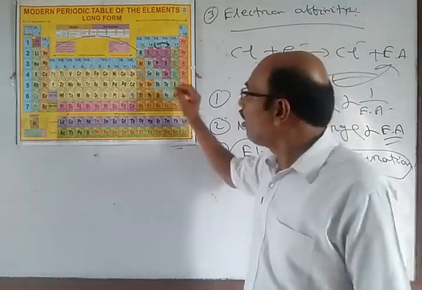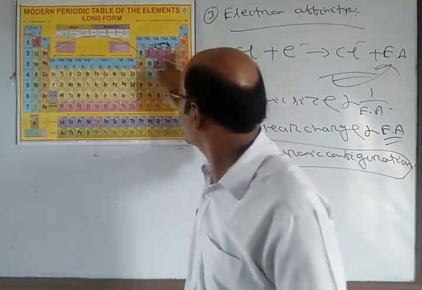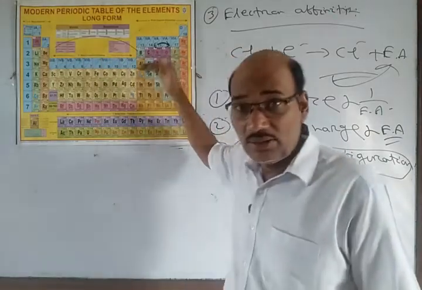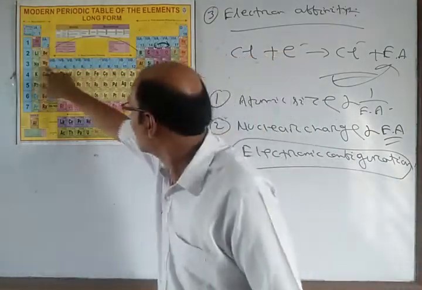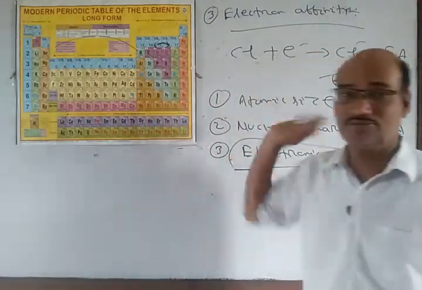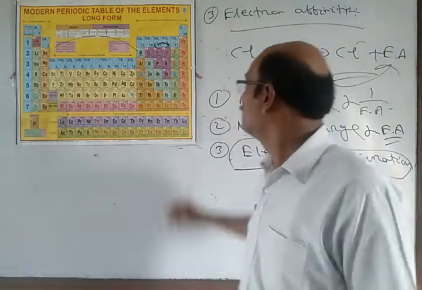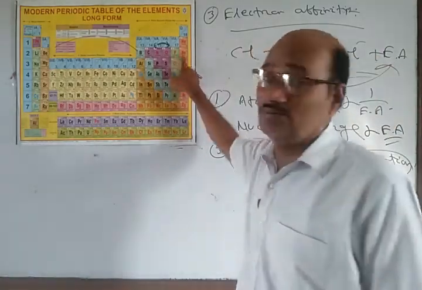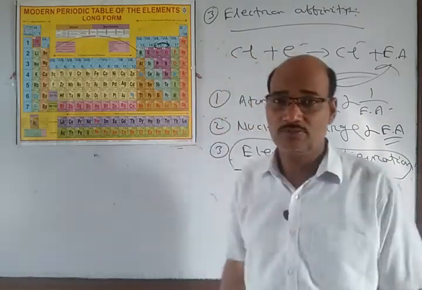In fact, all the elements of period 2 have less electron affinity as compared to period 3, and then it goes on decreasing. What happens here is that the fluorine atom is very small, with a very compact size.